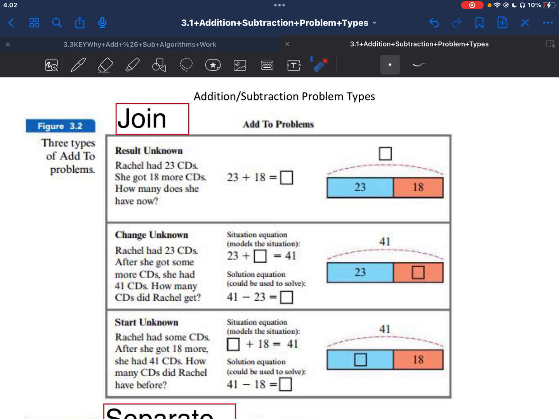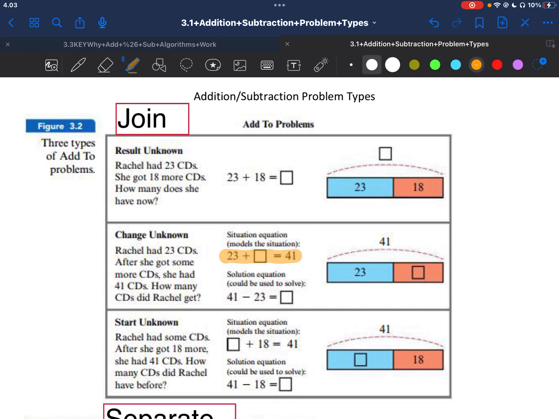You can think of change unknown in the join problem as an add-in unknown. I don't know what to add to 23 to get 41. Now, this section here: why is there a subtraction and a join problem type? This is just to show you how to solve.